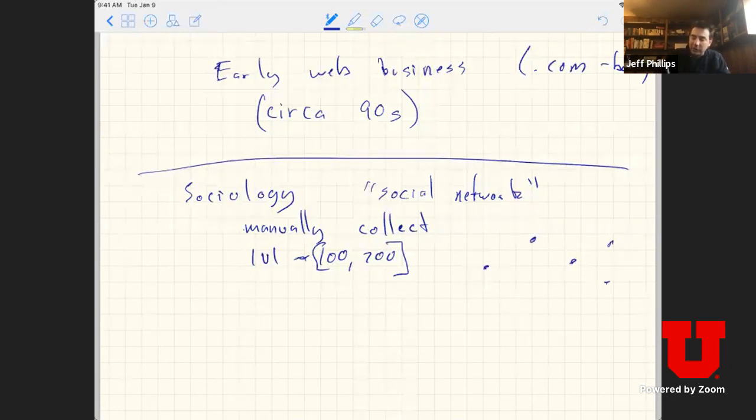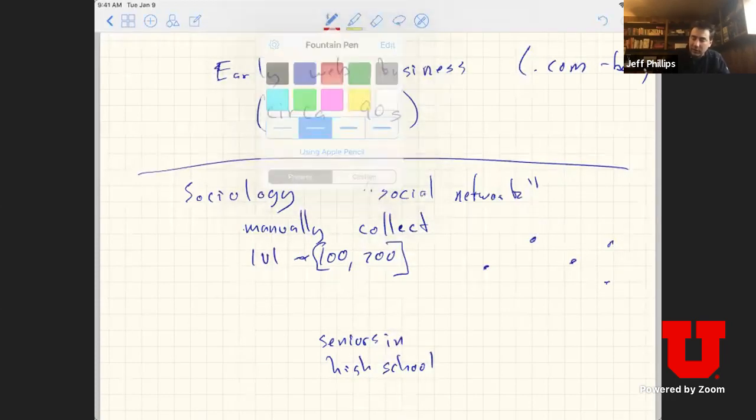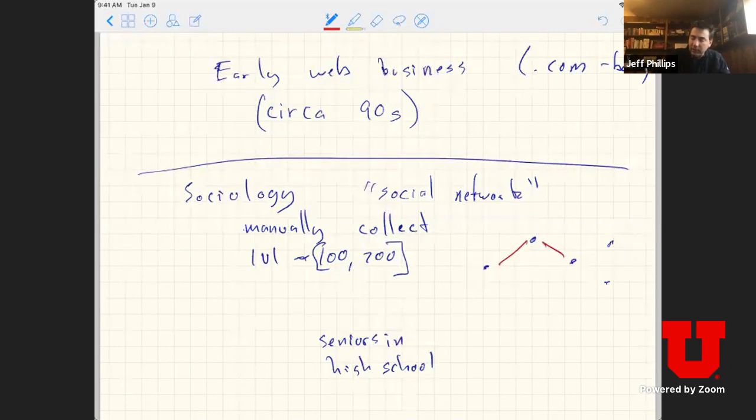An example of this would be seniors in high school, okay, and then you would say that there was an edge if these people were, let's say, friends.